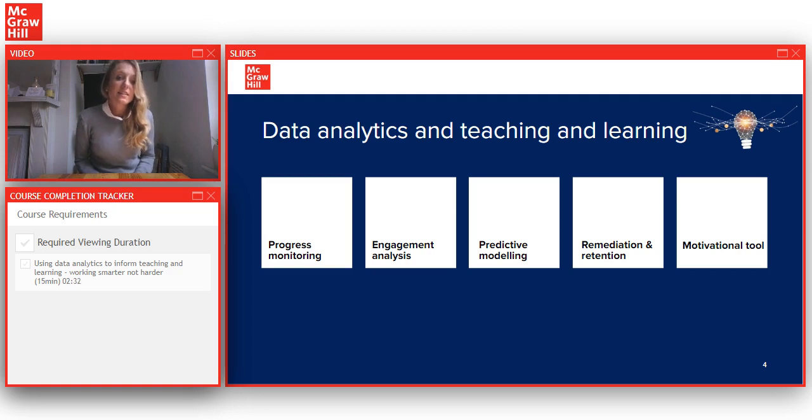Data analytics enables us to get great transparency into the progress of our learners, which is great. And as you'll hear from our speakers in due course, we're able to look at both an individual level and a group level when it comes to this progress, which is really exciting.